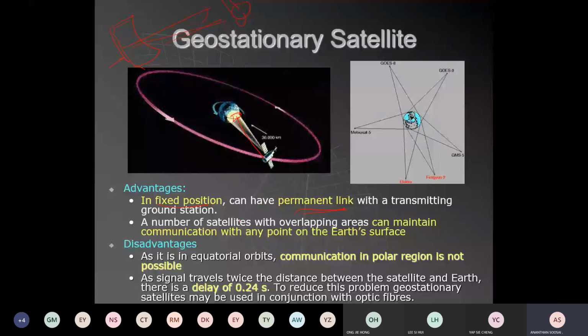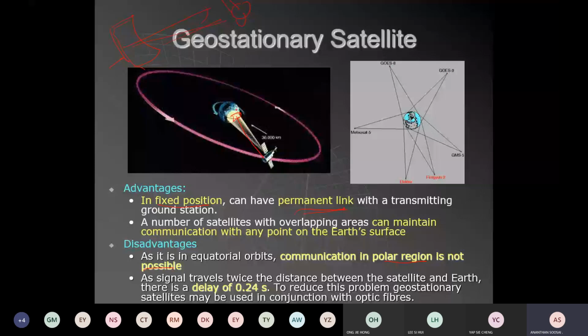But there are some disadvantages of the geostationary satellite. The disadvantage is that it cannot connect the polar regions. What does this mean? See this picture. If a live telecast happens at the center close to the equator, you can take the signal.